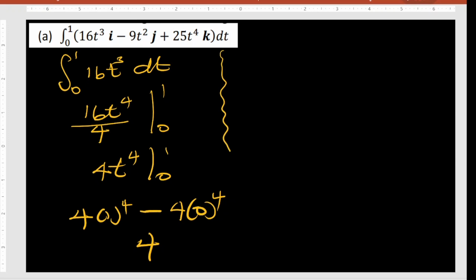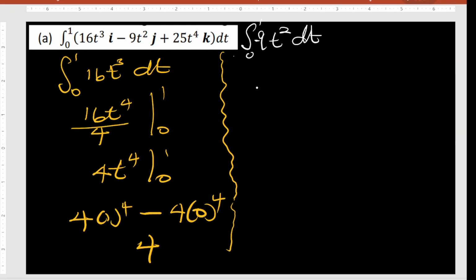Let's pick the second component function. Integration of negative 9t squared dt, the lower limit is 0, upper limit is 1. This will yield negative 3t squared.